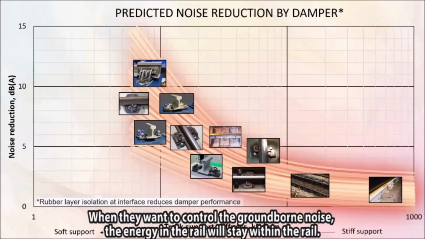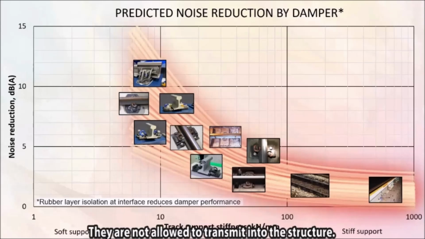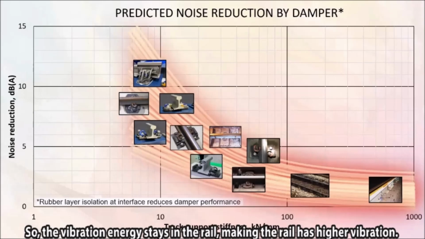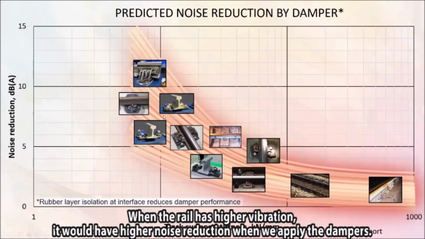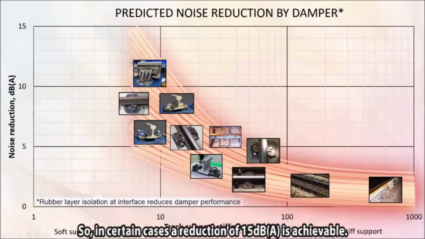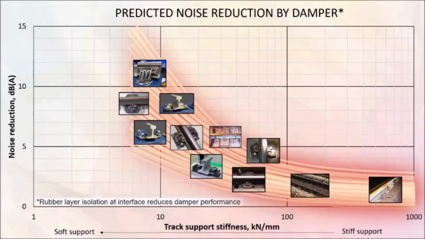When they want to control the ground-borne noise, the energy in the rails will stay within the rail. They would not allow it to transmit into the structure. So the vibration energy stays in the rail, making the rail have higher vibration. When the rail has higher vibration, when we apply the damper, we have higher reduction. So in certain cases, a reduction of 15 dB is achievable.